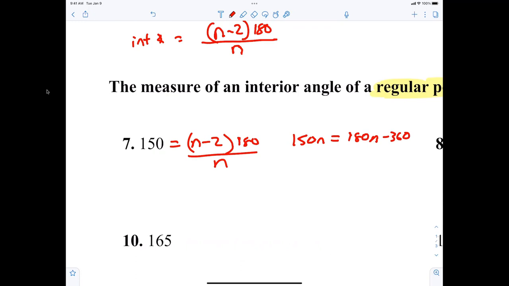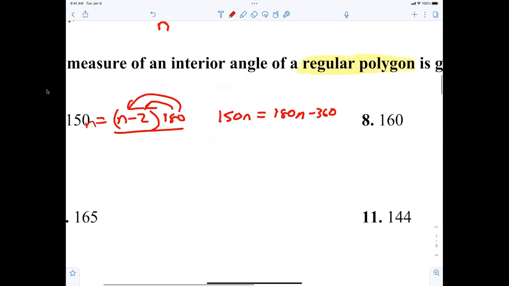I multiplied both sides by n, so I just moved this n over here. And then I just distributed the 180. Everybody's good with that? Now I just move things around. Minus 150n. 30n is equal to 360. Is everybody good with that? And so now n is equal to what? 12. So there were 12 sides.